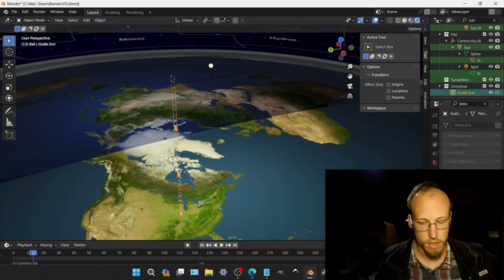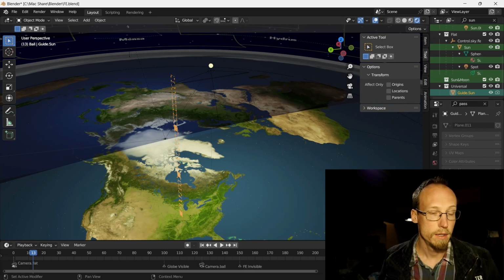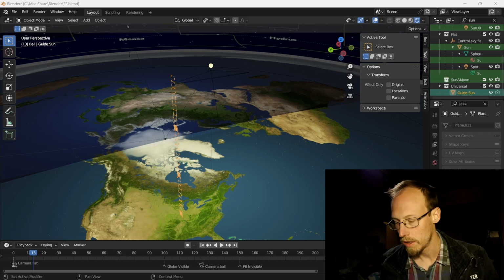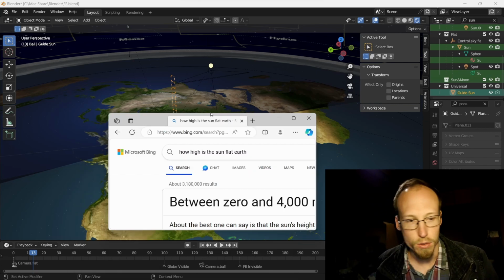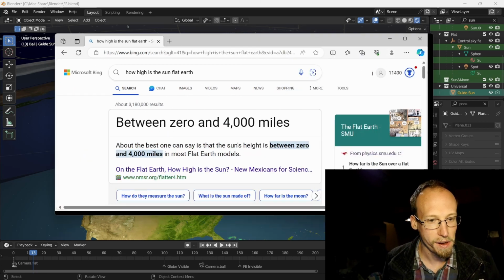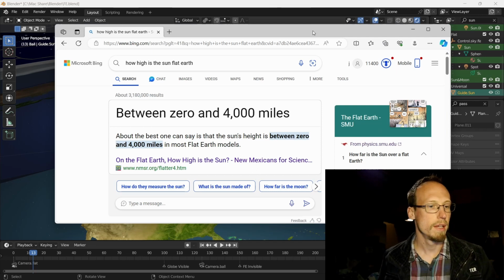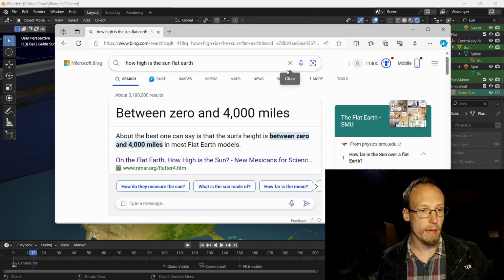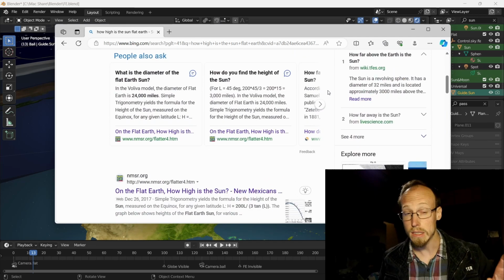This is what the flat Earth model is. Okay, Google says between 0 and 4,000 miles. So I went with 3,000. I think that's what the Flat Earth Society website says. Some people say that's a fake site.